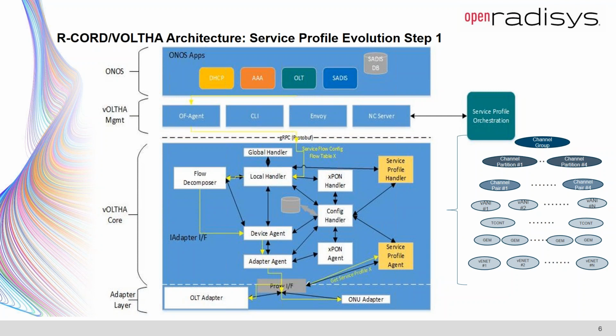So there is no change to the core as far as the XPON is concerned. It's responsible for generating the TCON alloc IDs, Gemport IDs in the way it currently does. Okay. And then basically through the OpenFlow, there's an additional flow table ID that is essentially the reference to a service profile.